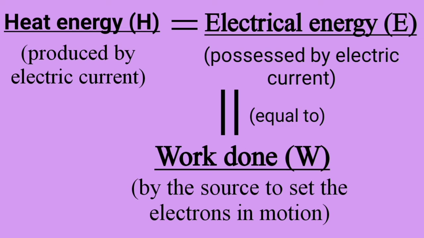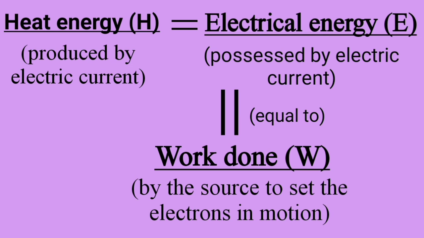Okay, and you know that energy is nothing but the capacity to do work. So electrical energy is the work done by the source, the amount of work that is done to set the electrons in motion to establish electric current. So that much amount of energy is stored in the electrons.